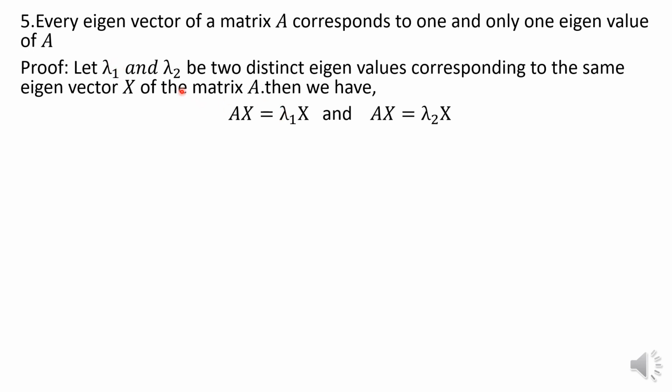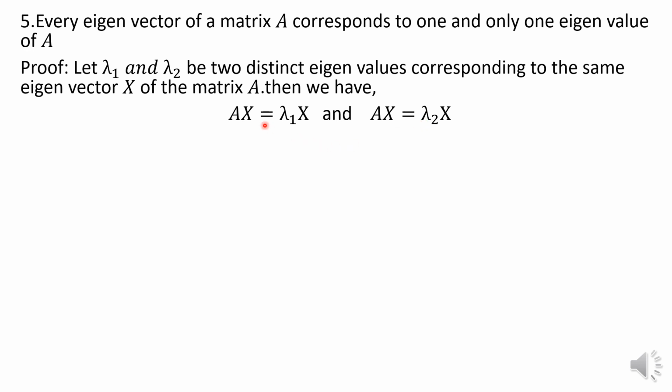Similarly, for the eigenvalue lambda 2, we have Ax is equal to lambda 2 x. So we have these two equations, Ax is equal to lambda 1 x and Ax is equal to lambda 2 x.